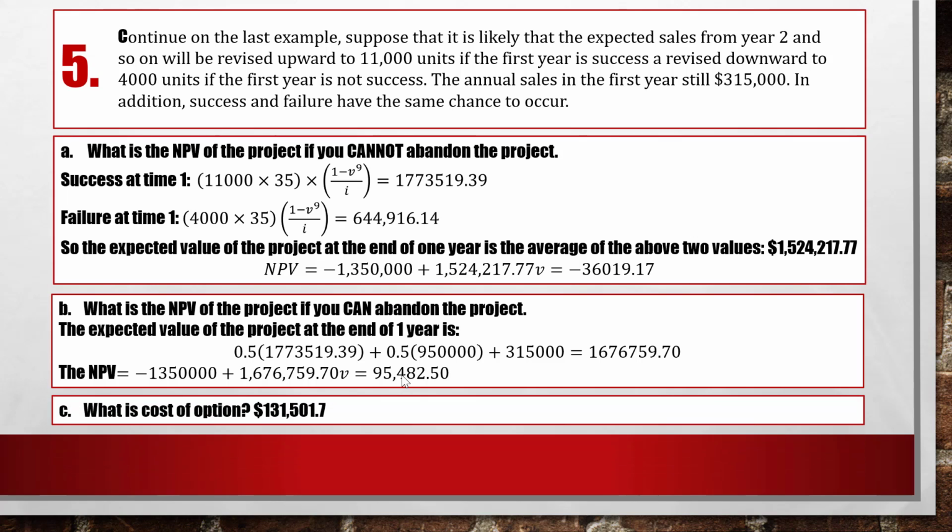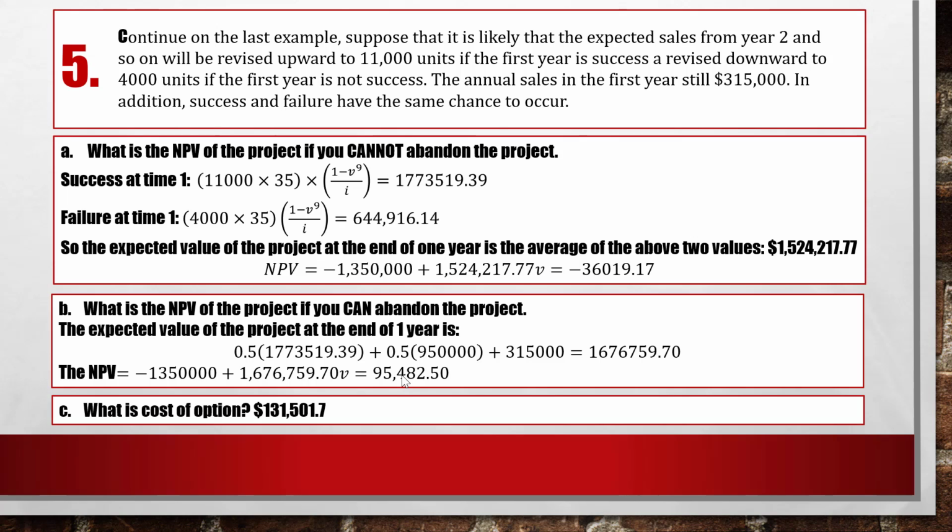And part C, what is the cost of the option? The cost of the option here is just like the gap. Here you see that if we cannot abandon the project, we get a net present value of negative 36,019.17. If we can abandon the project, then we get a net present value of 95,482.50.